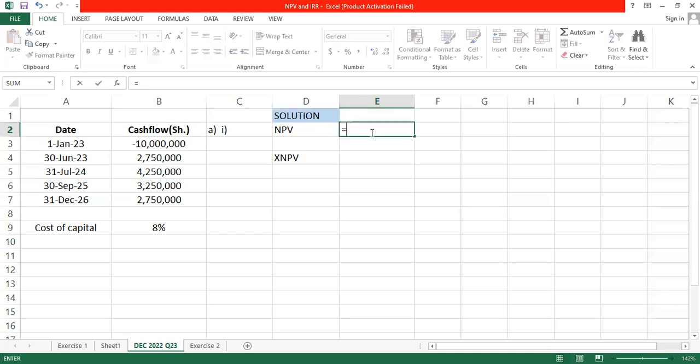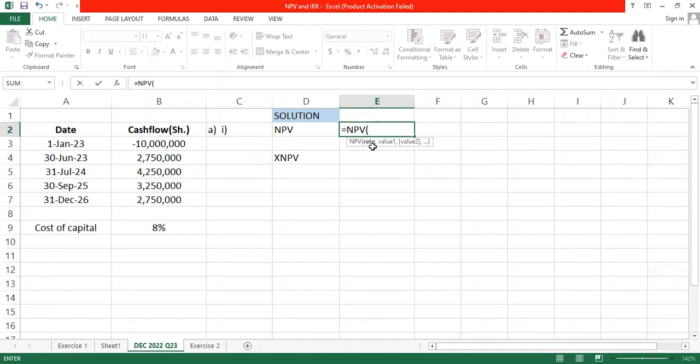So how did we say that we compute the NPV figure? I said that you'll have an equal sign. Being a function, you start with an equal sign, yeah? Then of course, you'll type NPV, and then you'll have open bracket. When you do the open bracket, Excel gives you the formula for getting NPV.